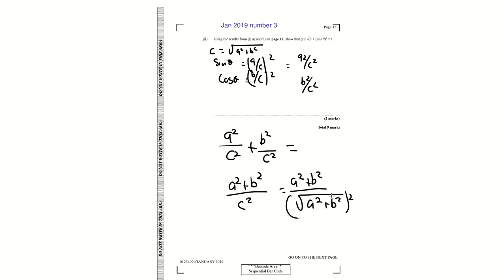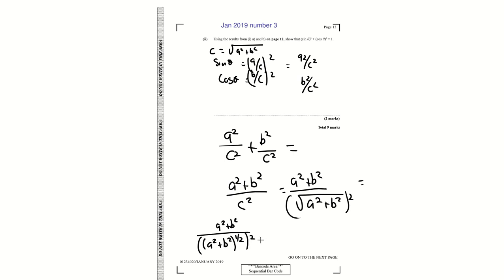all squared. Now, the square root and the squared sign would cancel out each other, right? Or you could just say that this is A squared plus B squared to the power of a half, because square root is to the power of a half. So this is A squared plus B squared over A squared plus B squared to the power of a half, all to the power of 2.